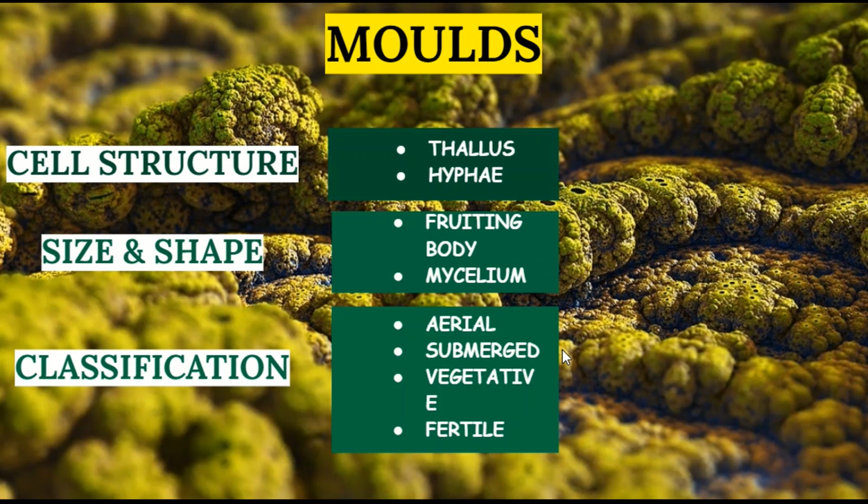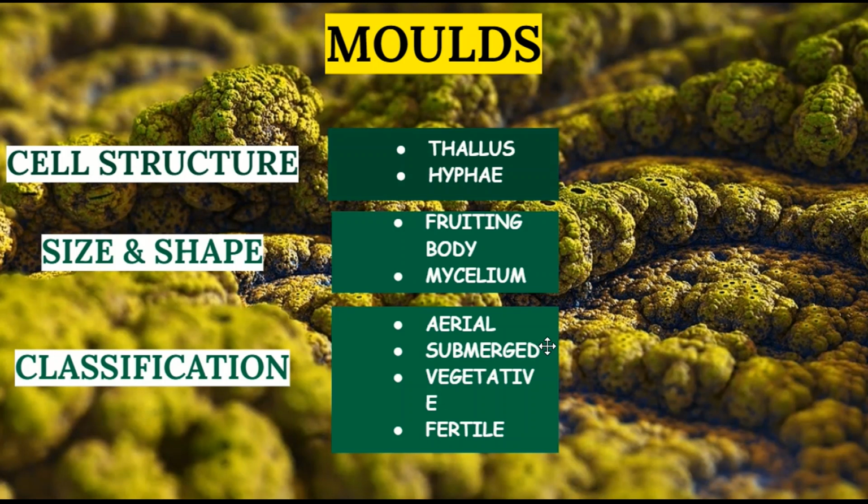Then vegetative and fertile: vegetative hyphae are involved in the nutrition of the mold, while fertile hyphae, remember it like fertility, are involved in the production of reproductive parts. For aerial, think of air: they grow above the food. Submerged is something beneath, so you can remember hyphae growing within the food.